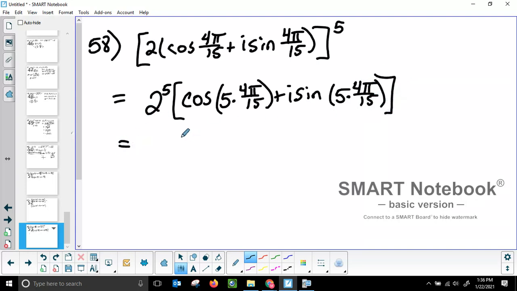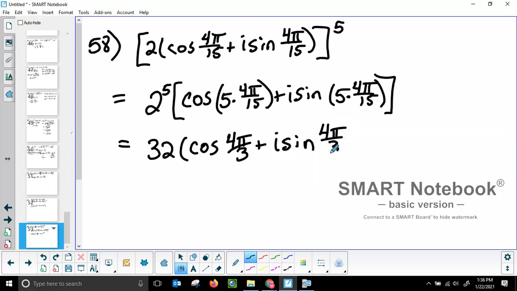So 2 to the 5th is 32. Cosine 5 times 4 pi over 15 is 20 pi over 15, which is 4 pi over 3, plus i sine of 4 pi over 3. And we are done. That concludes the review for the final exam.